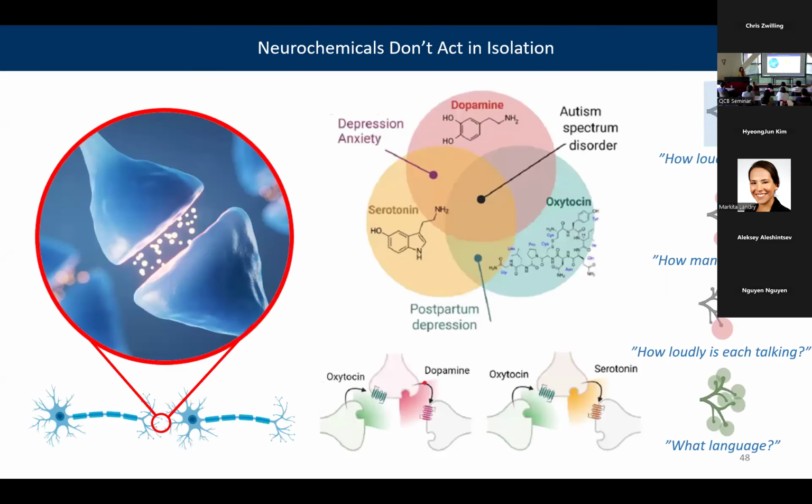And lastly, piggybacking off of Zan's question, it's very likely, and it's been hypothesized in the field, that whether it's a neurotypical behavior or a disorder, multiple neurochemicals are simultaneously at play, driving these behaviors or disorders. And it's still impossible to this day to measure multiple neurochemicals simultaneously from an imaging perspective.